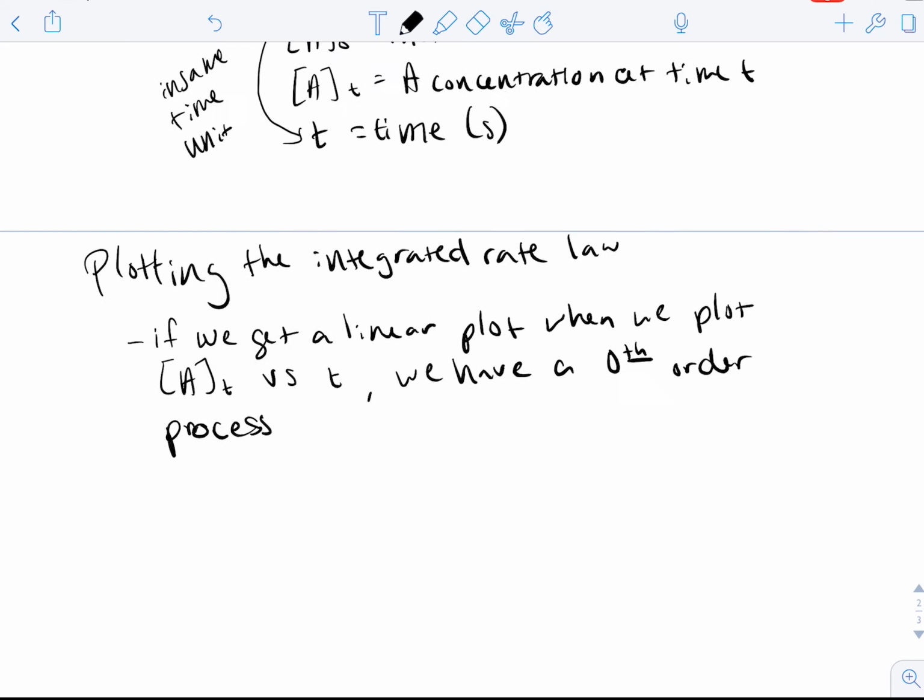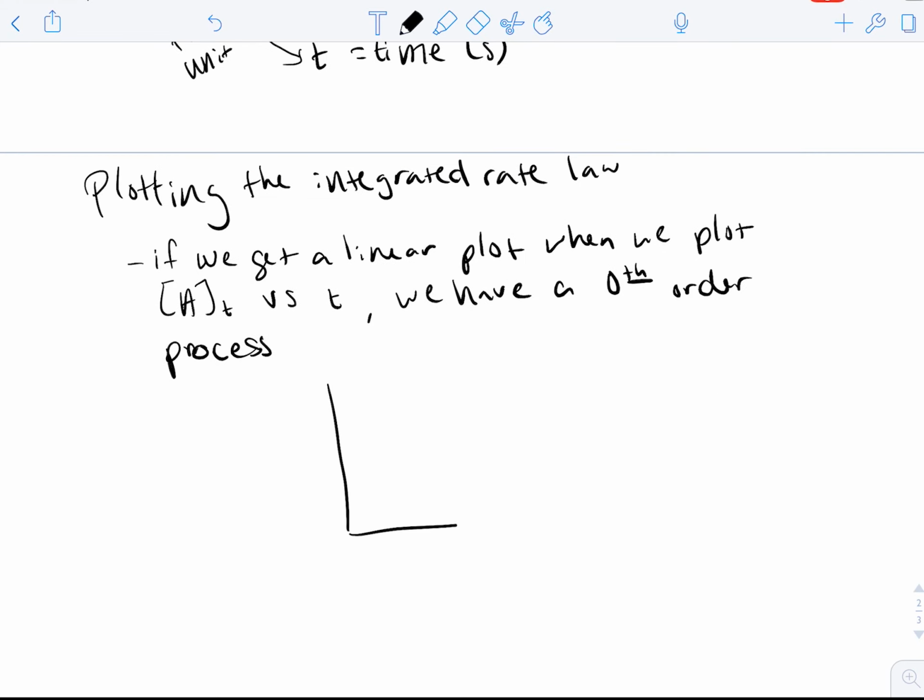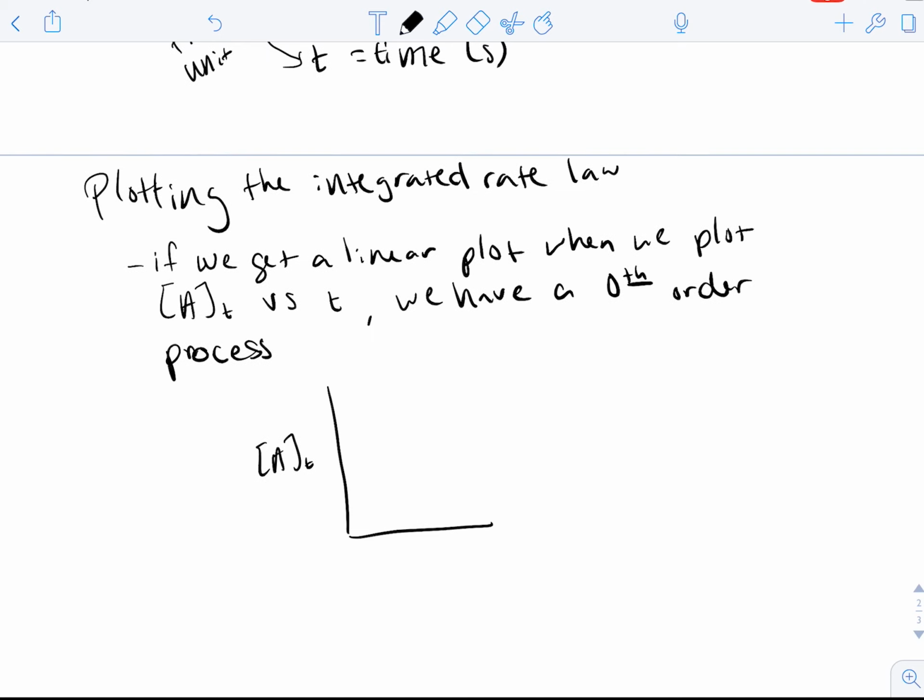Okay, so what that would look like, concentration of A at t versus time, and it will look like this, where our y-intercept is our initial A concentration, and our slope is the negative of our rate constant.